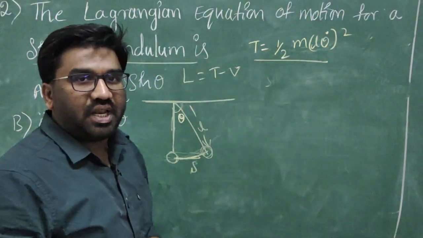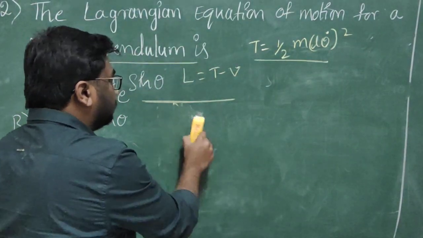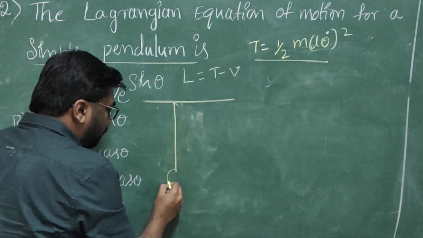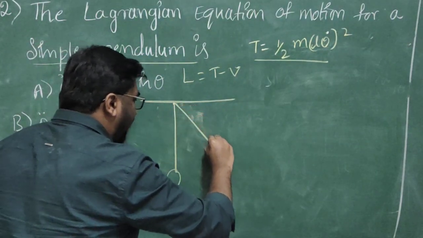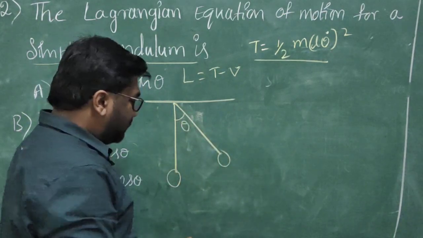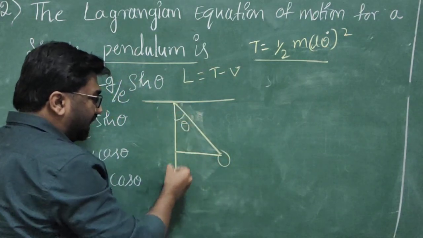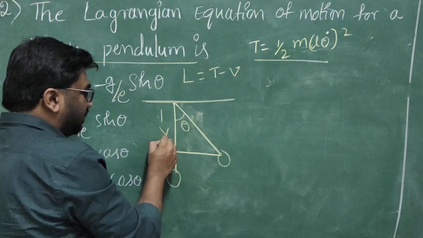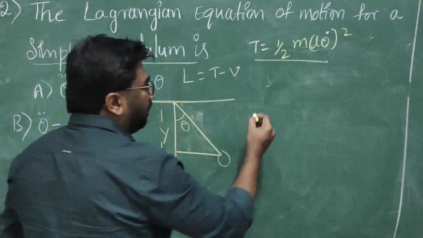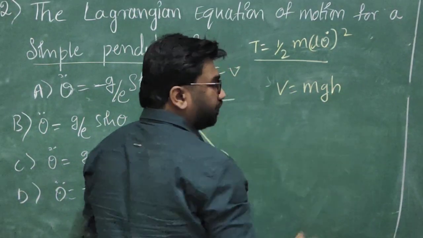So then what is the potential energy? See, let us consider a bob which makes some angle theta. Okay, so let us draw a perpendicular line to this vertical axis. Let us consider this is the y axis. We know that the potential energy V is nothing but mgh.